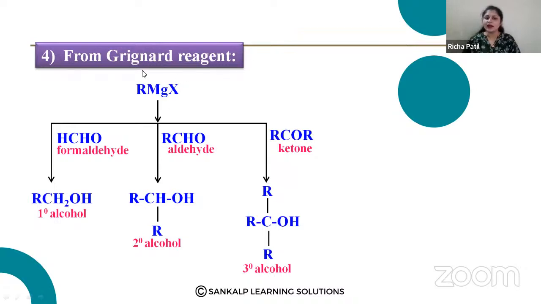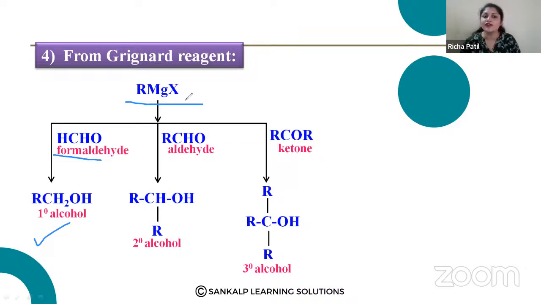So from Grignard reagents, which is a very important reaction. If you are using RMgX as your Grignard reagent, and you react it with formaldehyde, HCHO, it yields you primary alcohol.